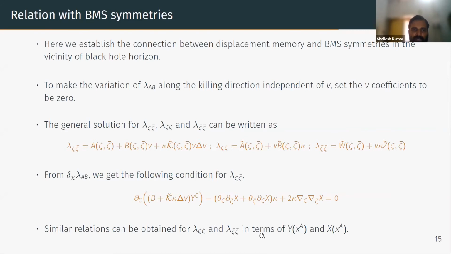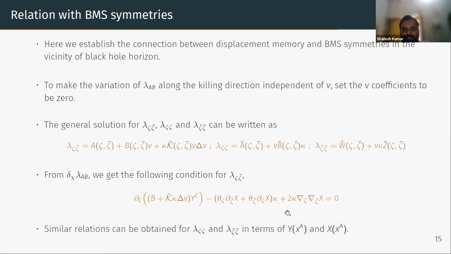There will be two other possible components, and we can try to find the super rotation Y, that is Y zeta and Y zeta bar, and X. So in principle, three equations and three unknowns are there. In principle, we can determine the relation between super rotation and super translation, which will account for the same shift in the delta lambda.